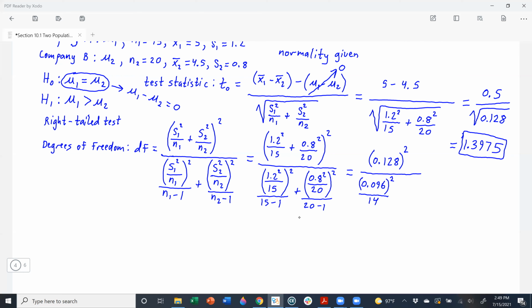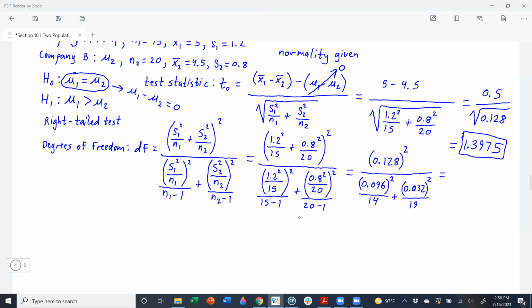Okay, so I just did the inside of the parentheses part right here. And let's do the other one. So the 0.8 squared and then divided by 20, and I'm getting 0.032. Okay, and that's squared and divided by 20 minus 1, which is 19.